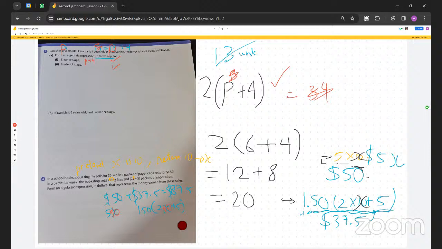So what do I do? I return the 10 back to X. Does 5X make sense? Yep. Now, how come this does not make sense? Think about it for a while. How come the other one doesn't make sense? I'm just returning the 10 back to X.